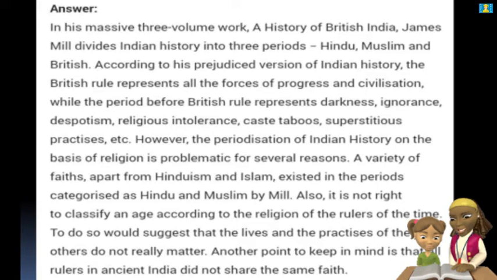Also, it is not right to classify an age according to the religion of the rulers of the time. To do so would suggest that the lives and the practices of the others do not really matter. Another point to keep in mind is that all rulers in ancient India did not share the same faith.